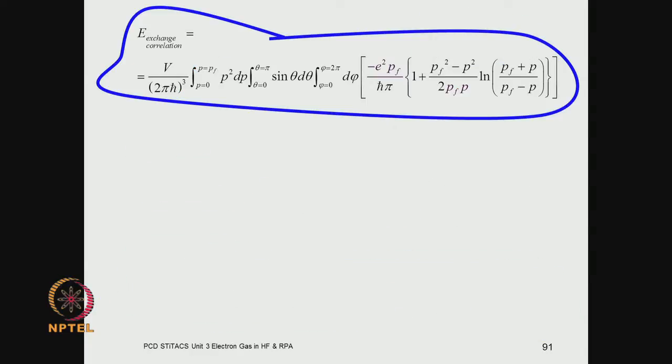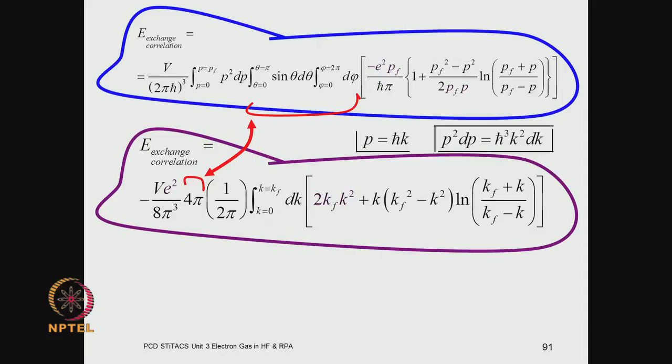And if you look at this expression, here again the angular integration gives you a factor of 4 pi as before, and the integration is over P, which you can easily translate to integration over K, because P is nothing but h cross k. So, P square dP will become h cross cube k square dk, right.